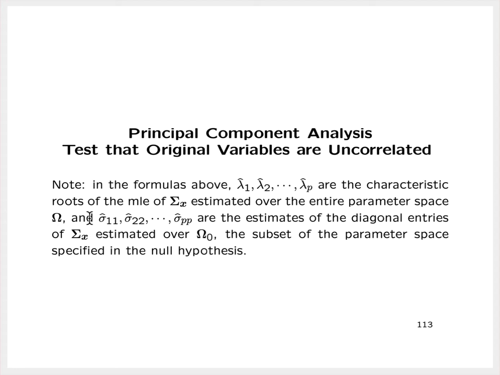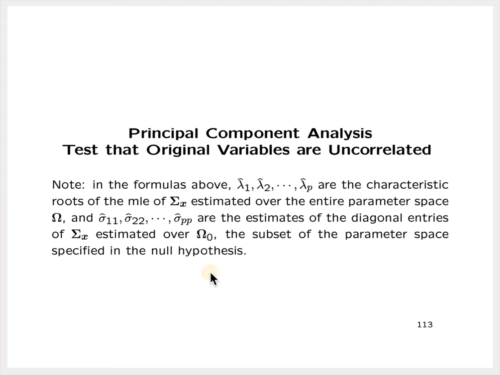And sigma 1 1 hat, sigma 2 2 hat, and so forth out to sigma p p hat are the estimates of the diagonal entries of capital sigma estimated over the restricted parameter space omega 0, the subset of the parameter space that is specified in the null hypothesis.